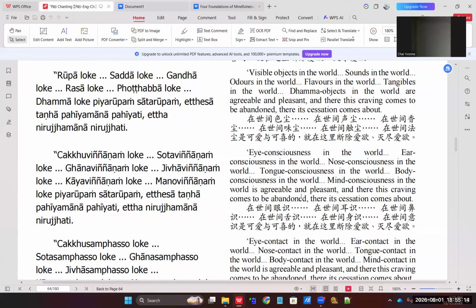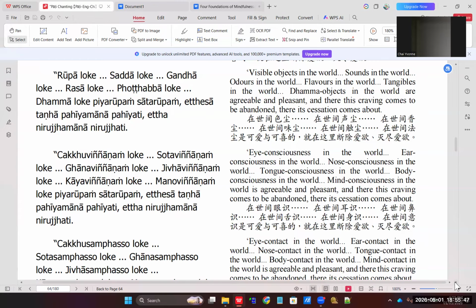Visible objects in the world, sounds in the world, odors in the world, flavors in the world, tangibles in the world, Dharma objects in the world are agreeable and pleasant, and there this craving comes to be abandoned. There its cessation comes about. Eye consciousness in the world, ear consciousness, nose consciousness, tongue consciousness, body consciousness, mind consciousness in the world is agreeable and pleasant, and there this craving comes to be abandoned.